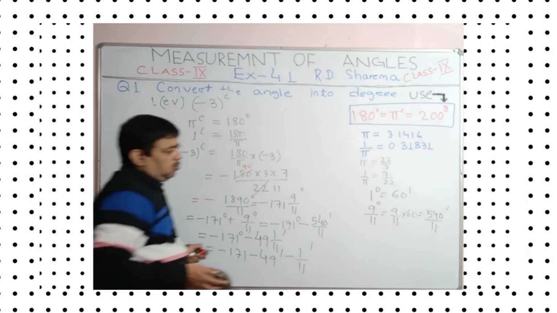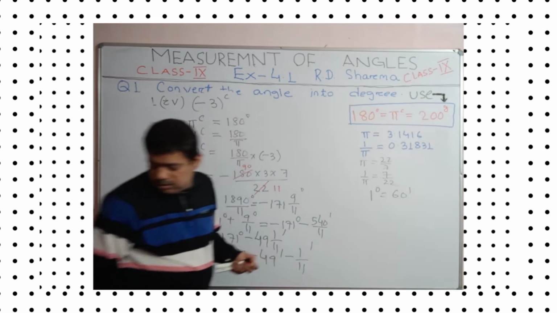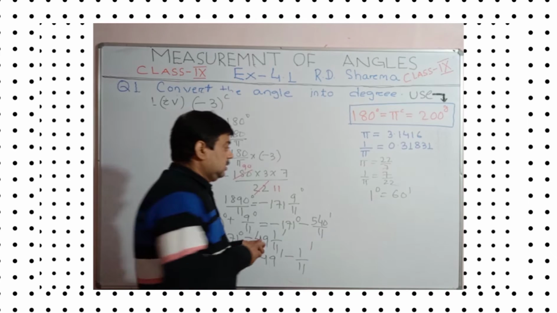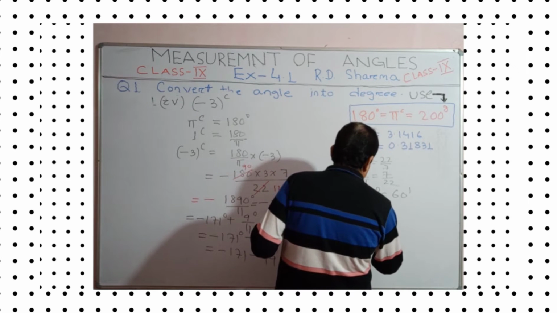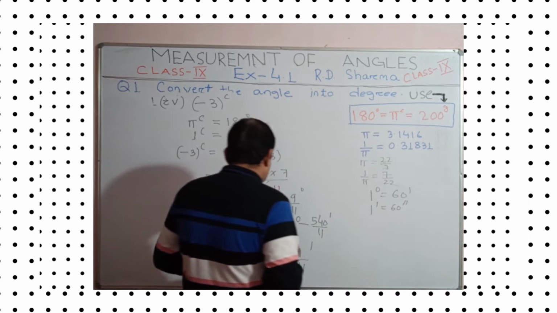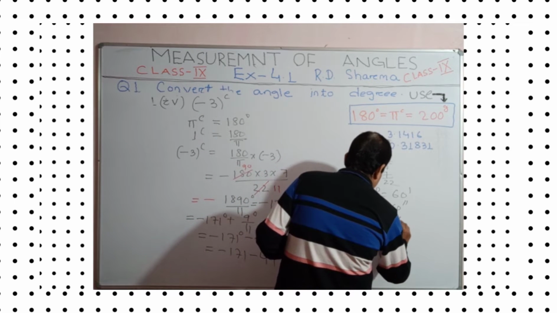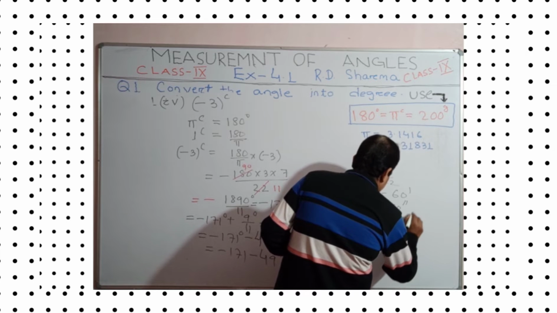And we know, what do you know here? 1 minute is equal to what? How much second? 1 minute is equal to, yes, 60 second. So 1 by 11 minute is equal to 60 by how much? 11 second.